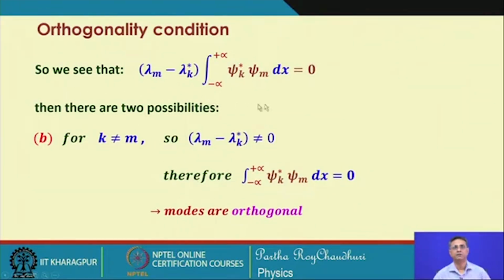So, we have this expression, and if we look at the second possibility, that is for k not equal to m, in that case lambda m minus lambda k is not equal to 0, it means that this integrand must be equal to 0, and this integration being 0 is the orthogonality condition, that the inner product of these two wave functions will always be equal to 0.